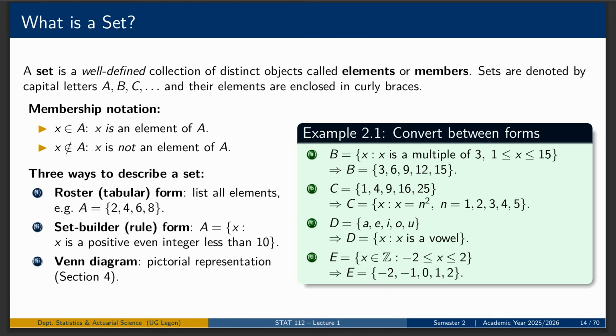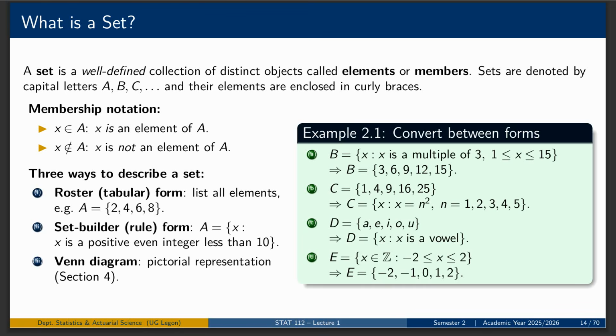There are some ways of defining or describing a set. In the roster or tabular form, we list all elements. For example, A is 2, 4, 6, and 8. Then we can also use what we call the set builder rule form.